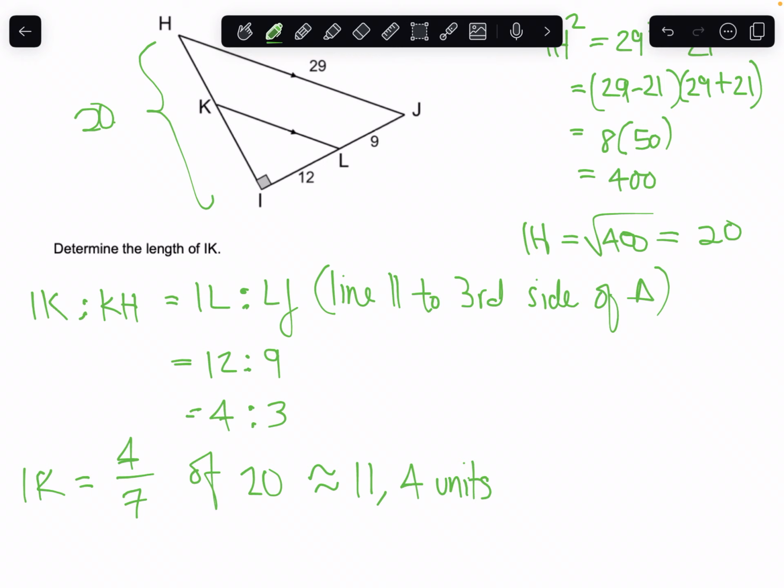Let's see what the memo has to say. So question 5B. Yes, 11,4, and we have pretty much the same workings.